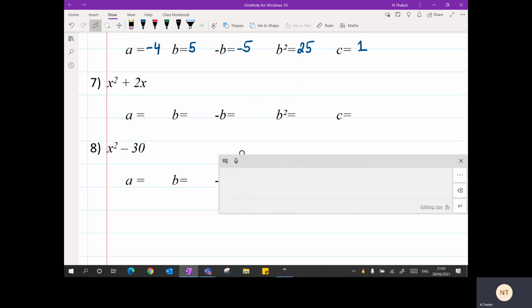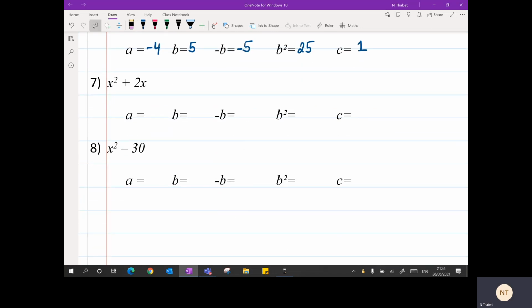And then for number 7, the coefficient of x squared, which is a, is 1. The coefficient of x is 2. So b is 2. Negative b is -2, b squared is 4, and there isn't a constant term, so that's a 0.